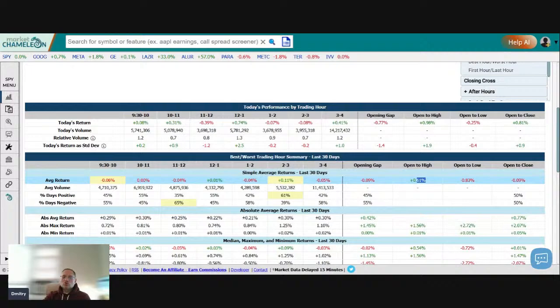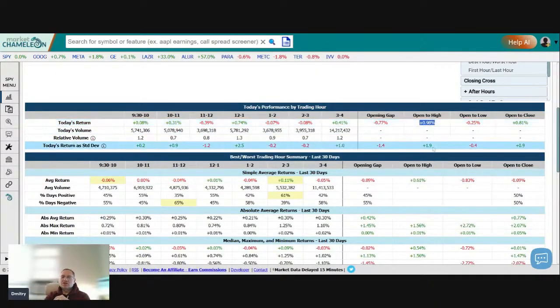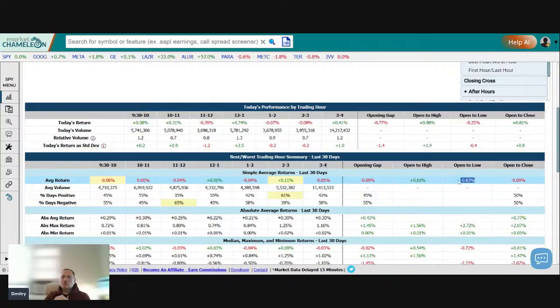The average move from the open to the high was 0.61%. So once we opened, the average move to the high was 0.61% versus, you can see Friday exceeded that. The average move to the downside was 0.83% from the open to the low. So you could see that at least in the last 30 days, the skew was more to the downside on average.